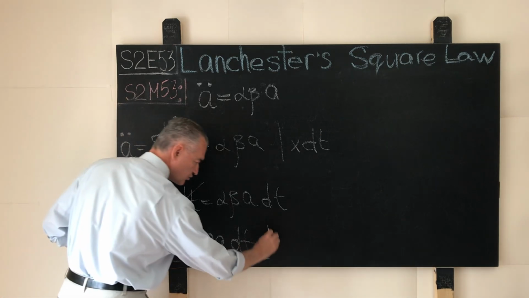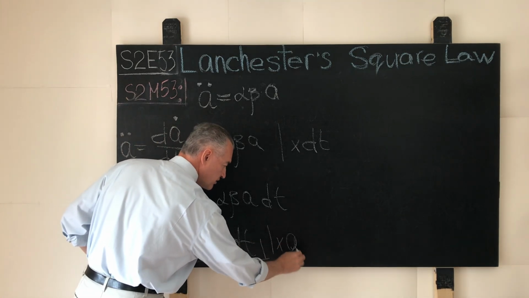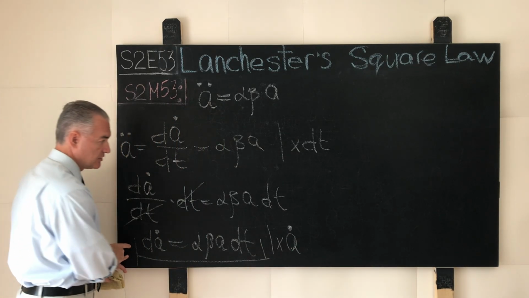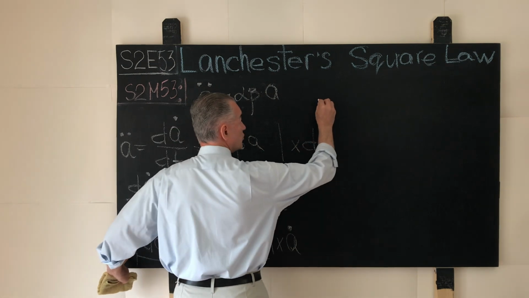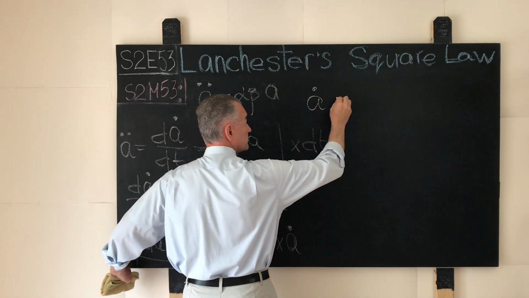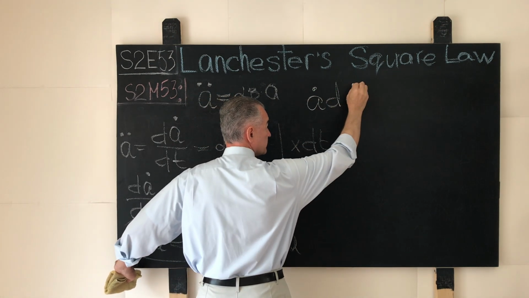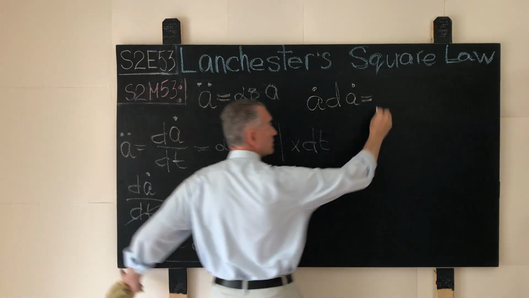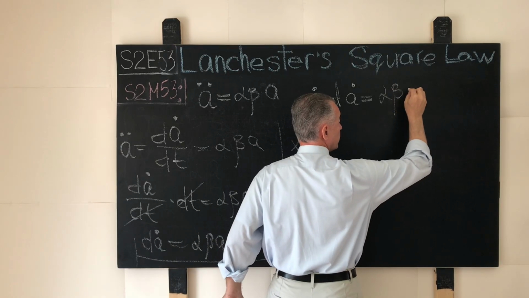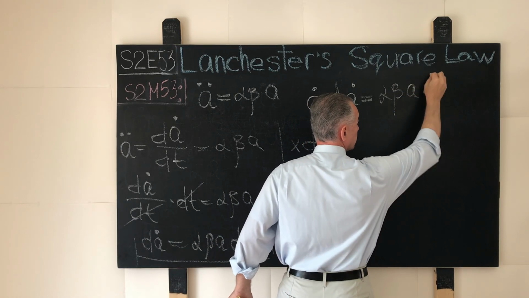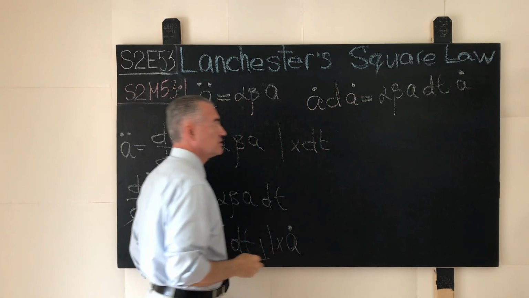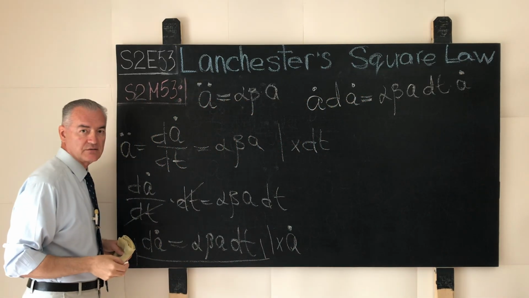Multiply both sides of this equation by the first derivative again. You see? So what will you have? Let's write this down on this side. You will have A dot dA dot is equal to alpha beta A dt times A dot. You see, this is straightforward, nothing complicated.